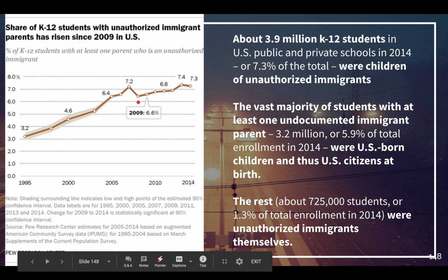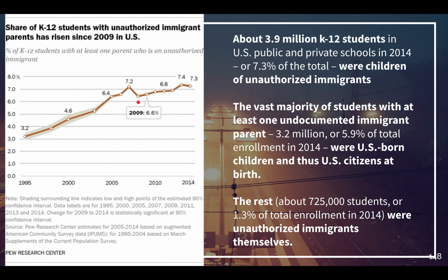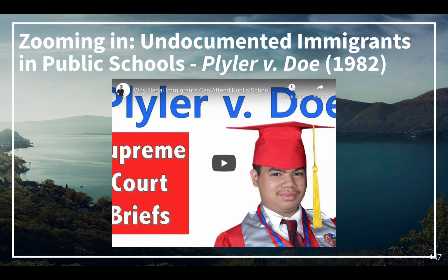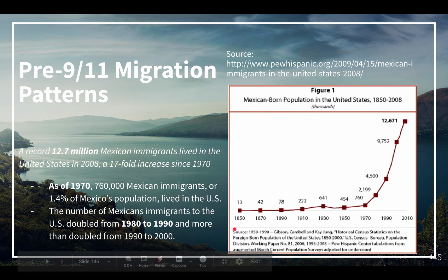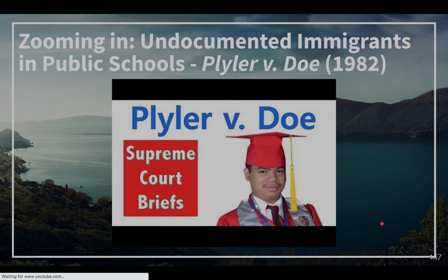The reason why we talked about that in class is because I think many people are unaware that the Supreme Court actually decided back in the early 80s, same time as this oil crisis, right? Same time as we see this uptick in immigrants coming from Mexico. 1982 was the case, Plyler versus Doe.